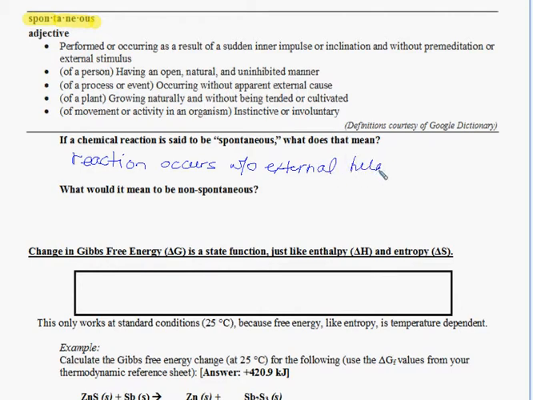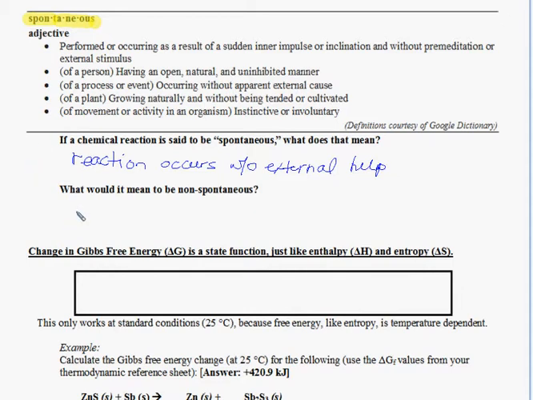It's not like a mouse in a wheel running and running and running to keep the wheel going. The wheel just goes automatically. So that's what we're referring to with a reaction that occurs without any external help. A good example of that in lab that you've seen is going to be reactions like a Bunsen burner. Once you ignite it, it just keeps burning.